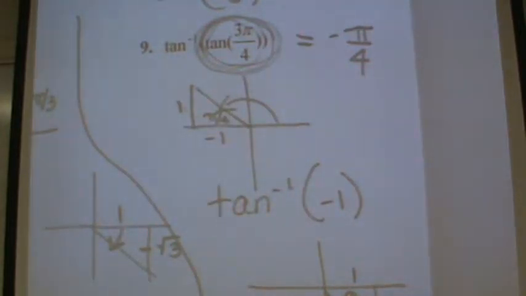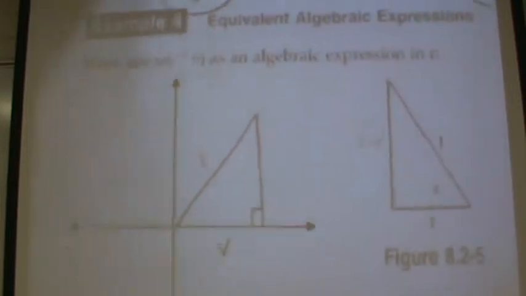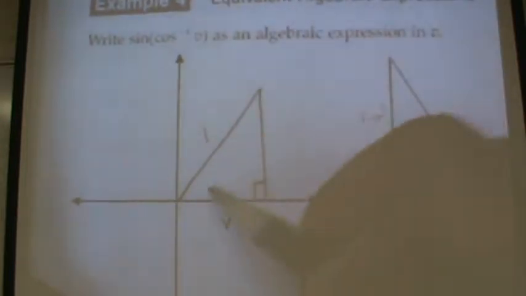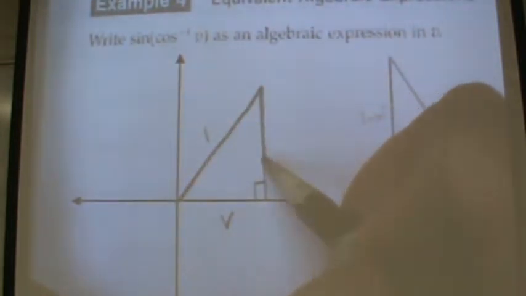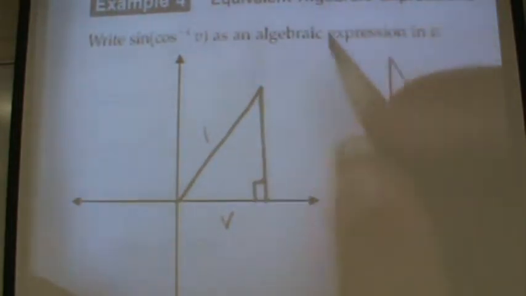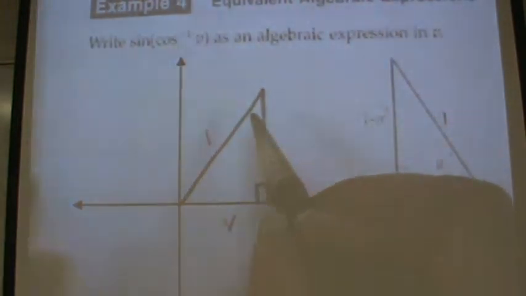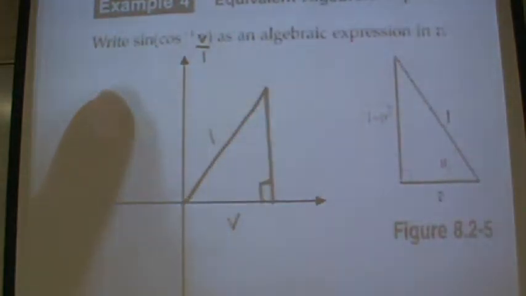Okay, now we're going to do some algebra. You have this triangle. I want you to draw this triangle right here in quadrant 1. We're going to do the same type of problem, but now we're going to have a fraction that is v over 1.